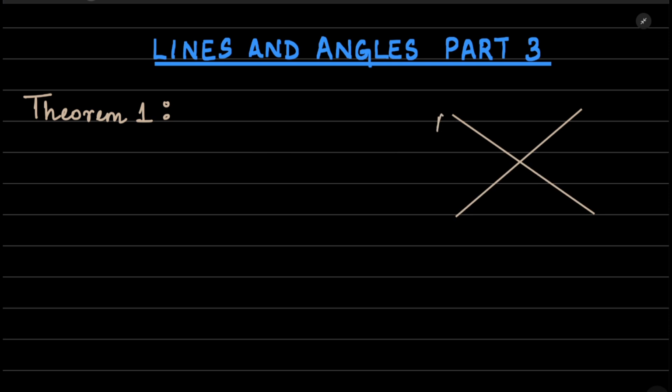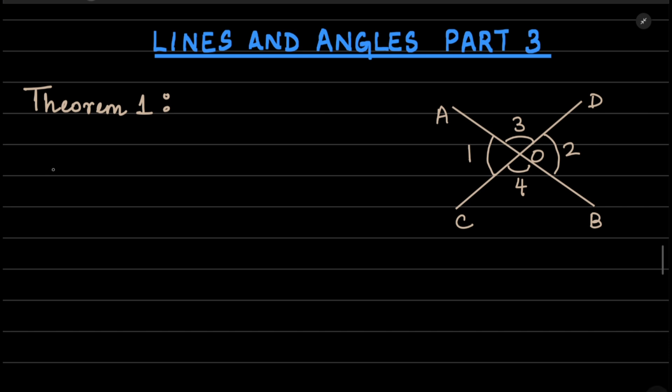Say for example, this is a line AB and you have another line CD which intersect at O. Then the vertically opposite angles, right? What do you mean by vertically opposite angles? This is vertically opposite angles. So suppose this is angle 1, this is 2, this is 3 and this is 4. So whenever you have two lines intersecting each other, then the vertically opposite angles are always equal.